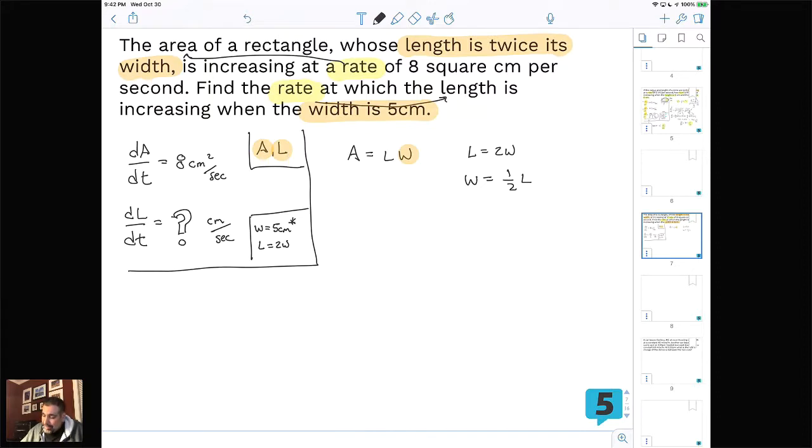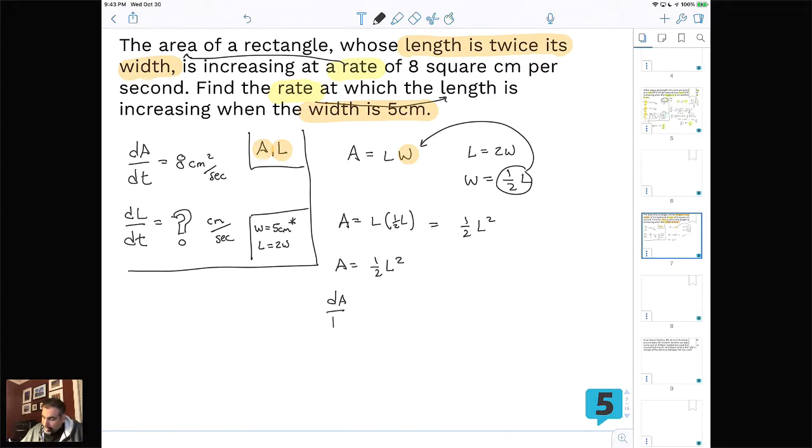So instead of using W, I'm going to take this piece of information and plug it in for W. If I do that, A now equals L times 1/2 L, which is equal to 1/2 L squared. And now when I start with that equation, I hope you understand that this is going to work perfectly because the A is going to give me a dA over dt.